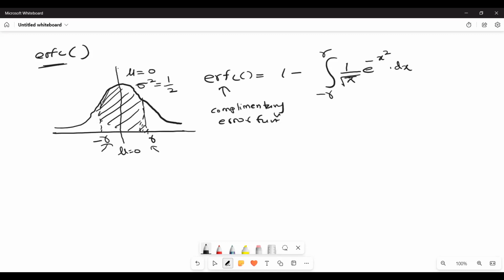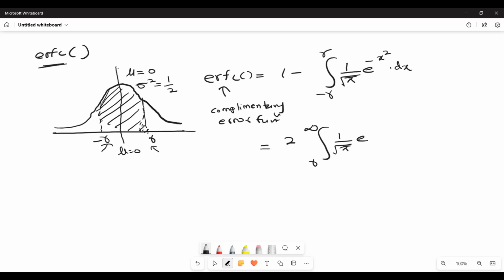Apart from that, we can further define this function as 2 times the same integration from gamma up to infinity. The reason is that the sections of the distribution around this mean value are similar.